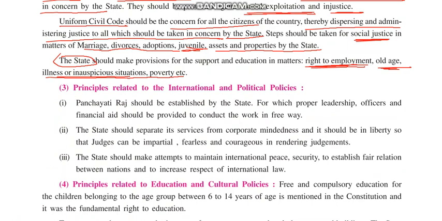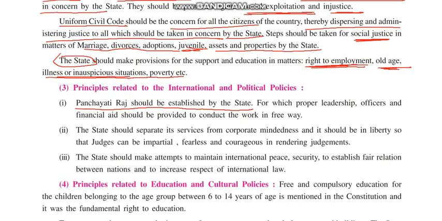The third topic is principles related to international and political policies. Panchayat Raj should be established in states. Panchayat Raj is the Panchayat, you might be knowing. There are five people who are elected in a village, and they are a type of court.